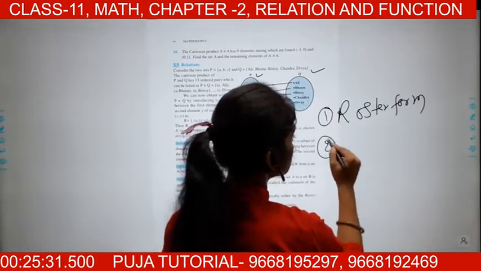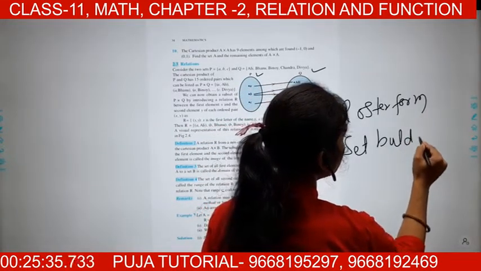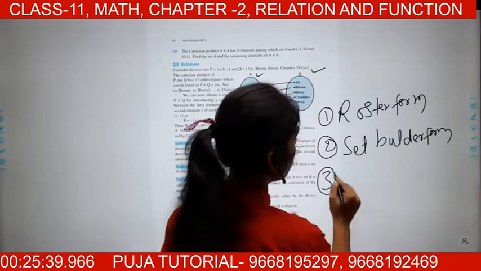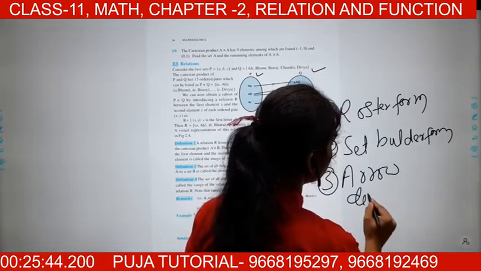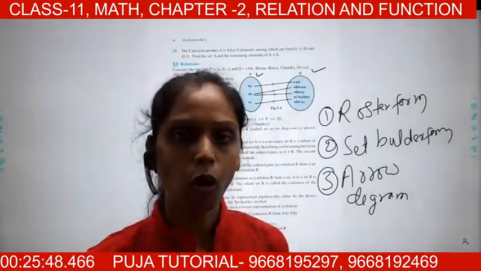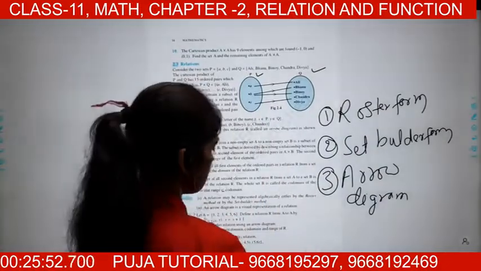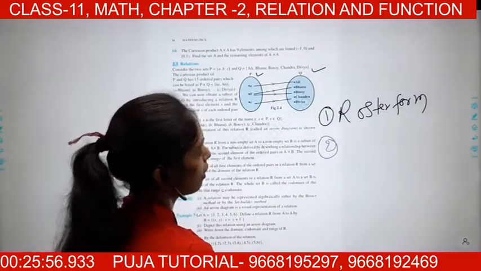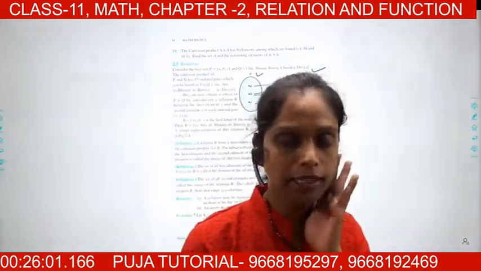Second name is set builder form, and third is called arrow diagram. Then what is this? This is actually the arrow diagram way, representing a relation here.